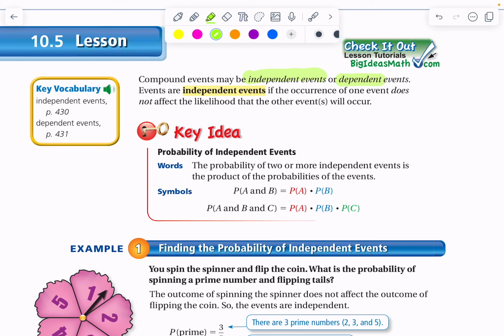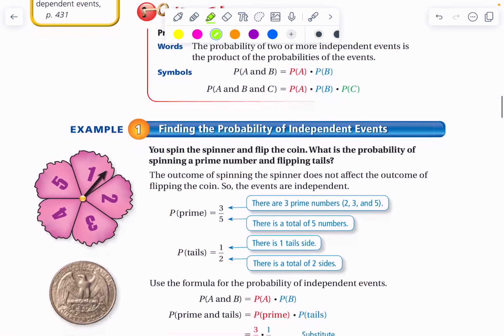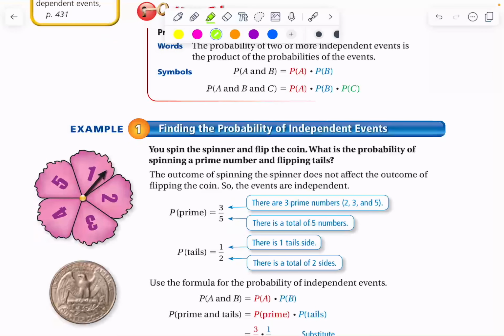So for independent events, the probability of two or more independent events can be found by finding the product of the probabilities of each event. We'll talk about some examples of independent versus dependent first. Some examples of independent events would be if I roll a dice and flip a coin, and I want to know the probability that I get, we'll just say, a 6 on the dice and heads on the coin.